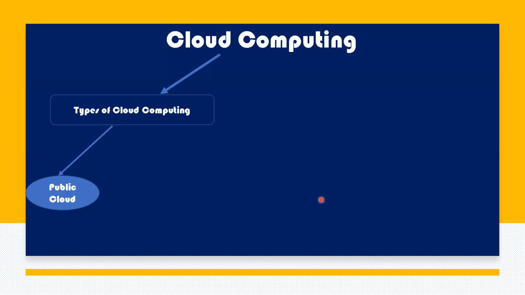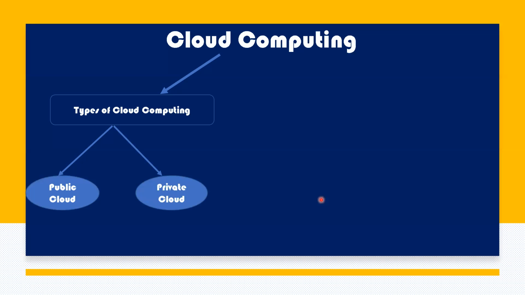A simple example: Microsoft Azure is a public cloud because all companies use the Azure cloud. Amazon Web Services, AWS, is a public cloud. Whoever wants to use Amazon can purchase it. Google Cloud is a public cloud. Whoever wants to use the cloud environment can pay and purchase it.